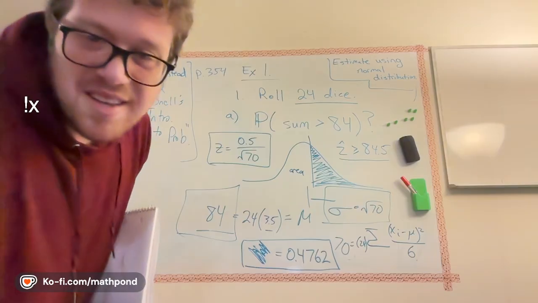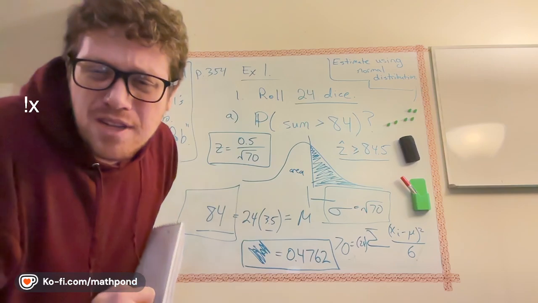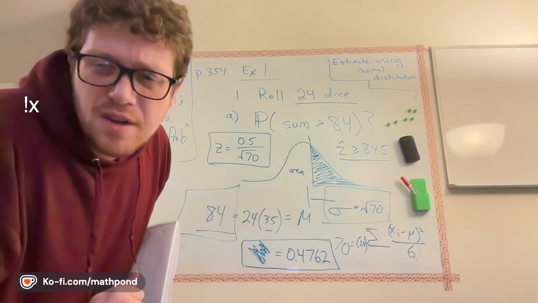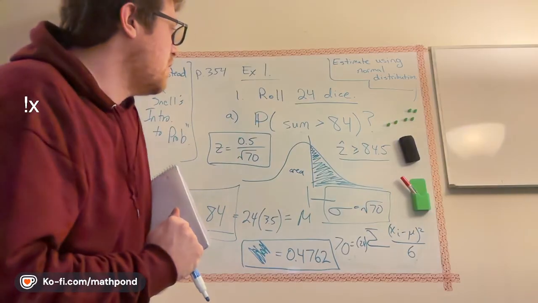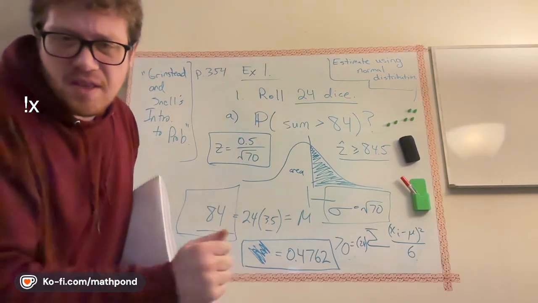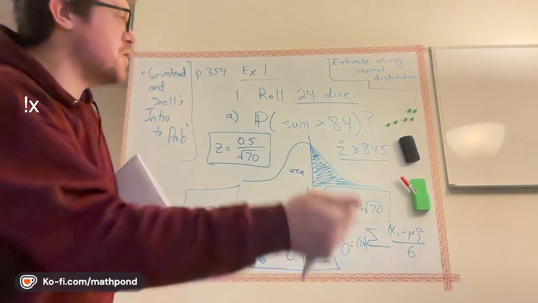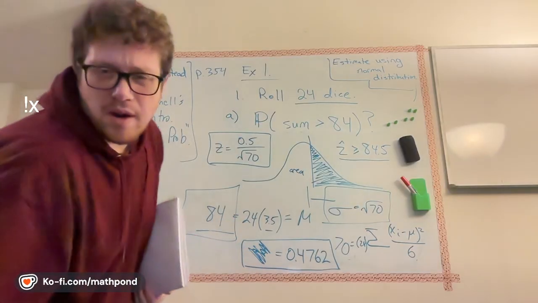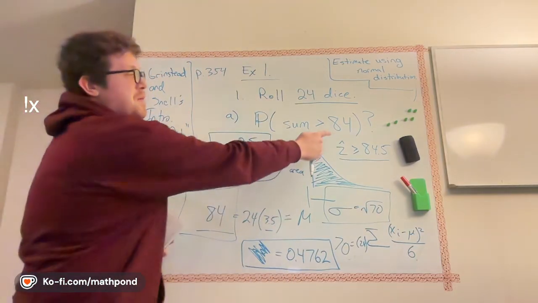Oh, hey, Zach. You said the normal approximation gives us a value for p of sum less than or equal to 23. Right, if you look it up in the table, you'll get p less than or equal to 23, and then you'll just do 1 minus that, and then you get this one. Or wait, 23 or you mean 83, right? Not 23.